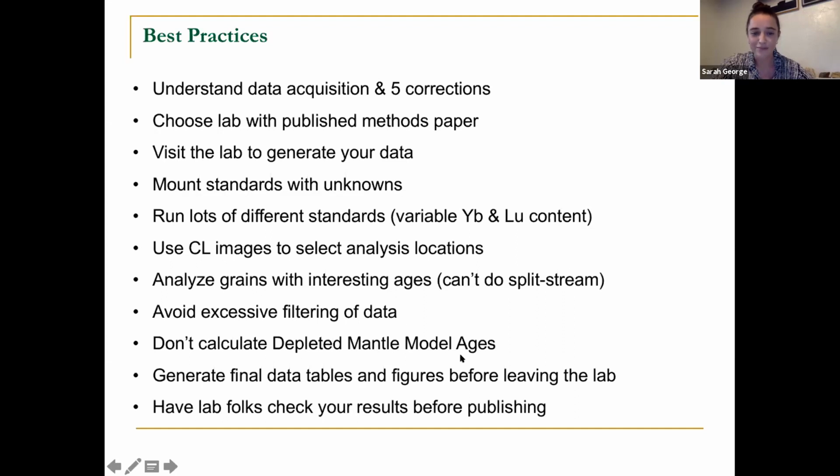Don't calculate depleted mantle model ages. And if you do, interpret them cautiously. And have folks at the lab check your data, make sure you're not doing anything too wonky. Yeah, so that's what I have for applications of hafnium.